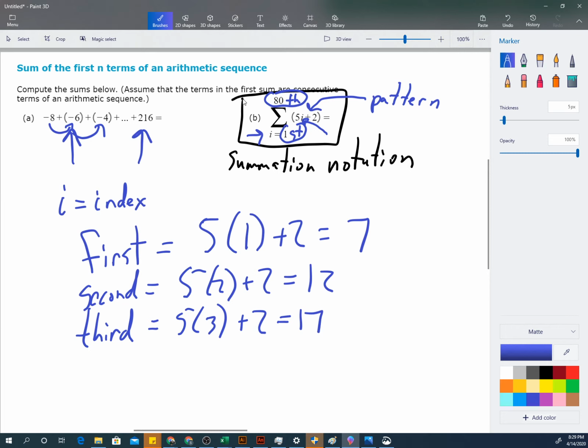So therefore, let's just go ahead and jump now to the last term. If I plug in that 80, let's see, I don't know 5 times 80 off the top of my head.